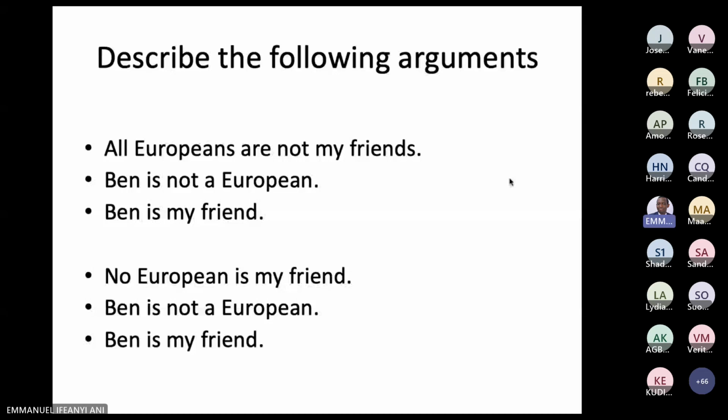Whether you are dealing with the first or the second version, you can see that the argument doesn't have to do with the consequent. The argument is dealing with the antecedent, because the antecedent is European and friend is the consequent.